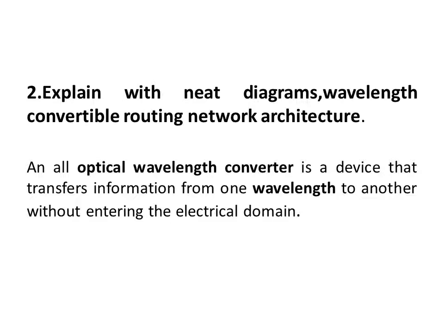At that time, a wavelength convertible node or device is required that will convert the information in the particular wavelength to the wavelength available at that time. So the wavelength converter will remove the wavelength blocking or noise or disturbance in the communication channel.